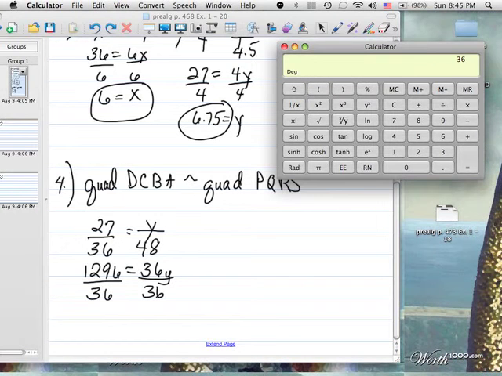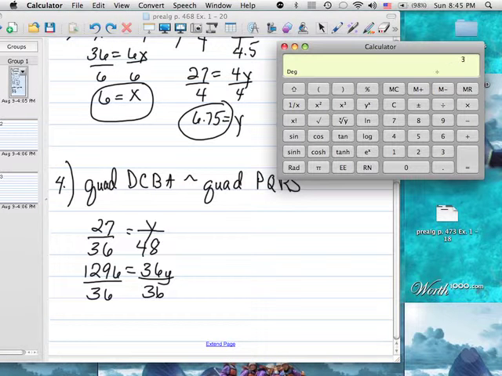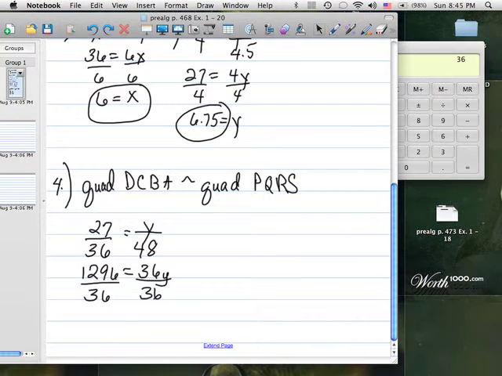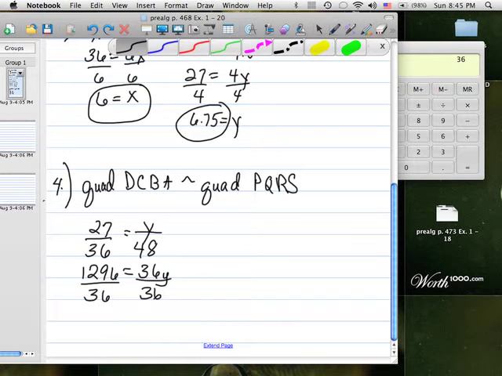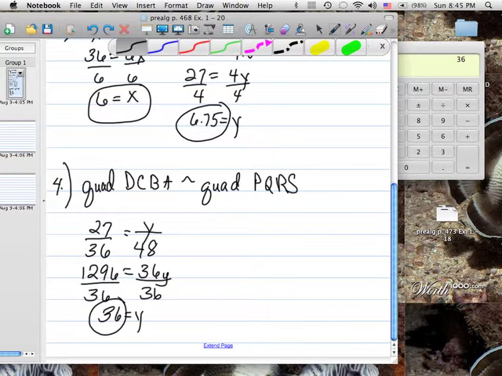We find out that we get 36. Double check that too. So 36 is the value for y. And that's the first part.